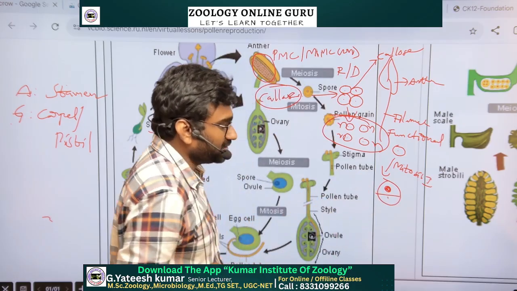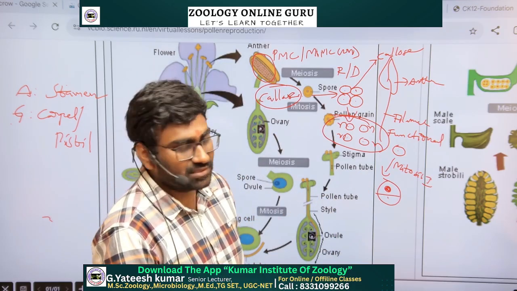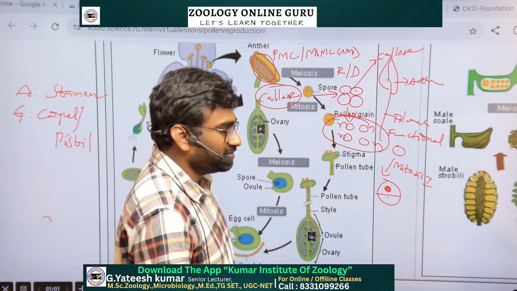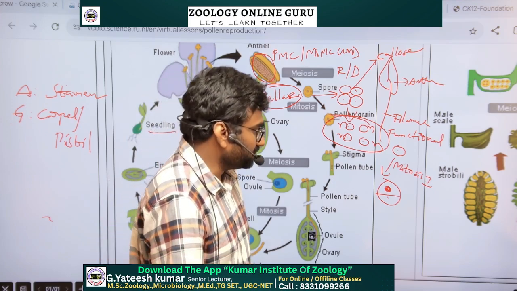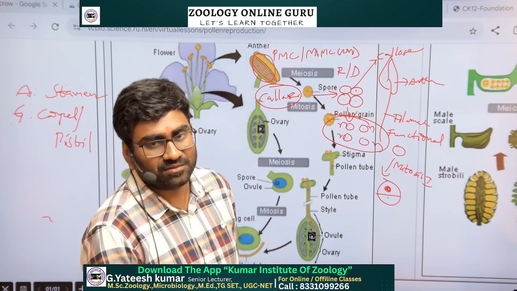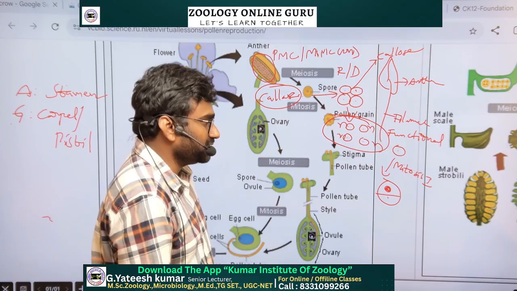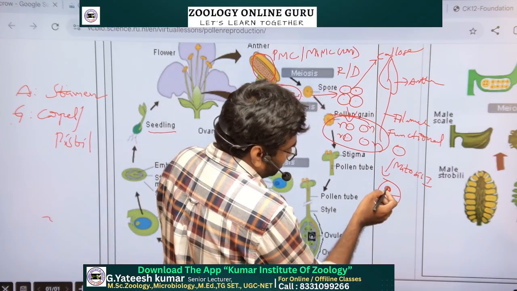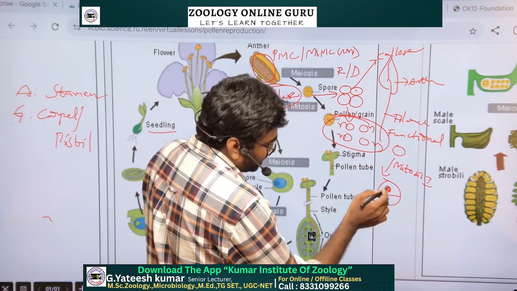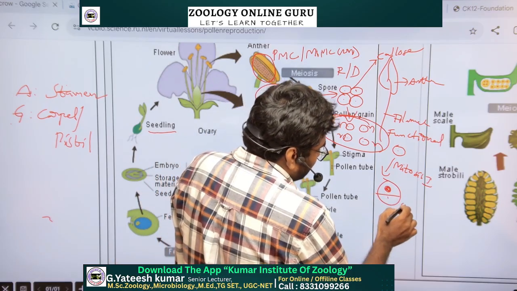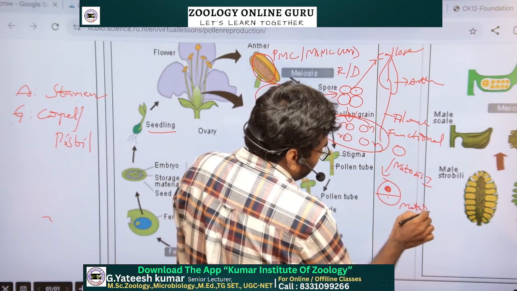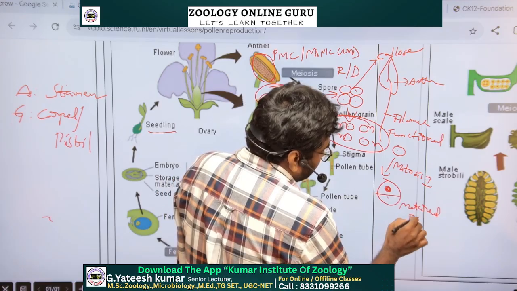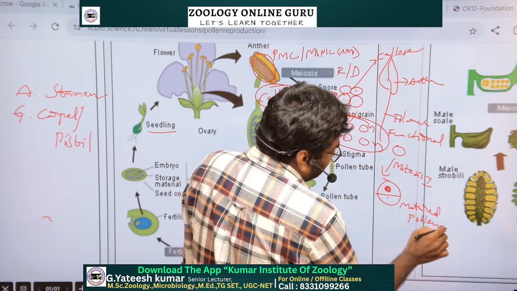The vegetative cell contains abundant food materials and the generative cell is involved in the production of 2 male gametes by undergoing mitosis division. So this pollen grain is now known as a mature pollen grain.